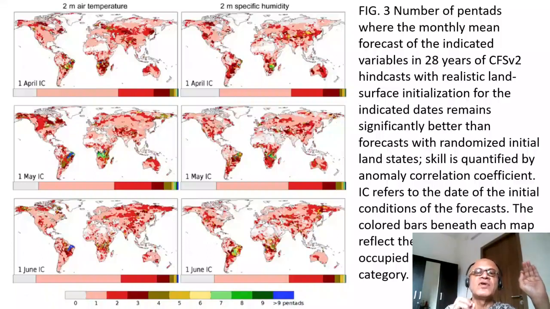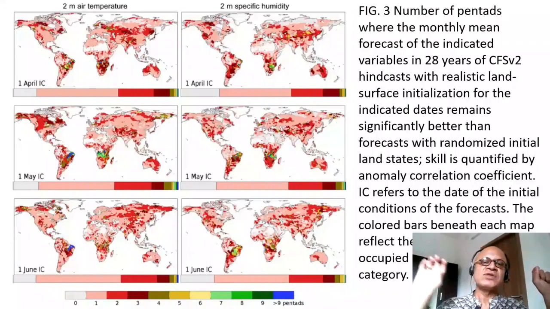So when we do initialize forecasts, you always want to know if initialization actually has an impact. This goes back to our earlier discussion on how weather forecast is a chaotic system. So if you initialized the system and did integration after a few days, depending on the latitude and the season, the forecast becomes chaotic, and the skills have improved over time.